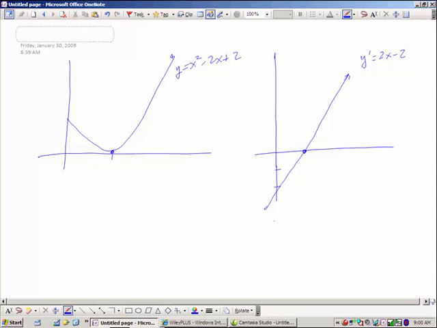So let's actually look. From 0 to 1, we know that the derivative is negative, and if we find the definite integral of the derivative, that's actually still a triangle with a width of 1 and a height of 2.